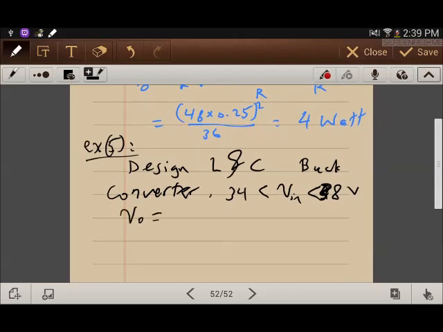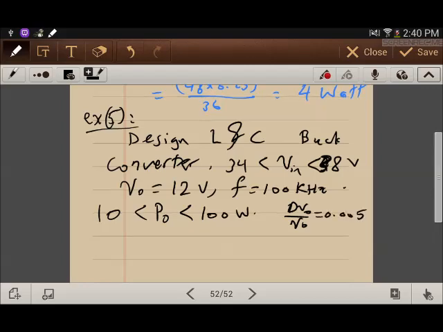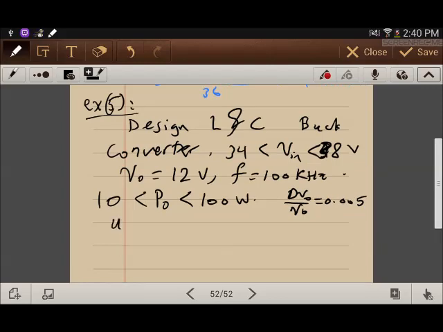The output voltage that is needed by the load is 12 volt. The switching frequency is 100 kilohertz. The output power of the load is between 10 watts and 100 watts. And the peak-to-peak ripple voltage is equal to 0.005. Design the converter under CCM.